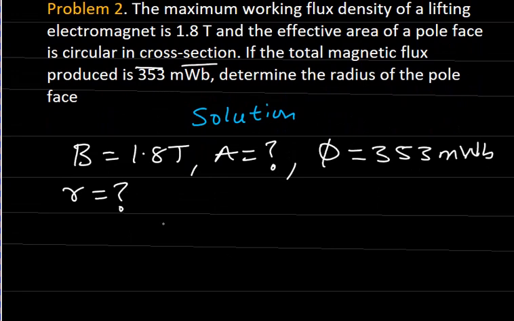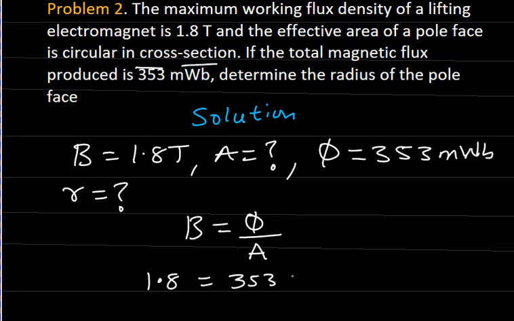So how do we get the area? We apply the formula: magnetic flux density is equal to magnetic flux over area. The flux density given is 1.8, equal to magnetic flux, which is 353 milliweber. So I have to convert that.